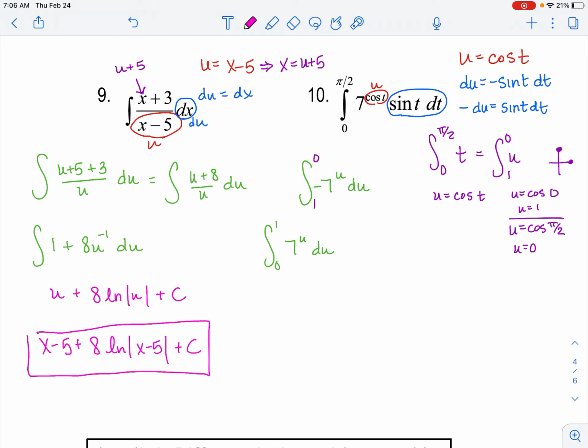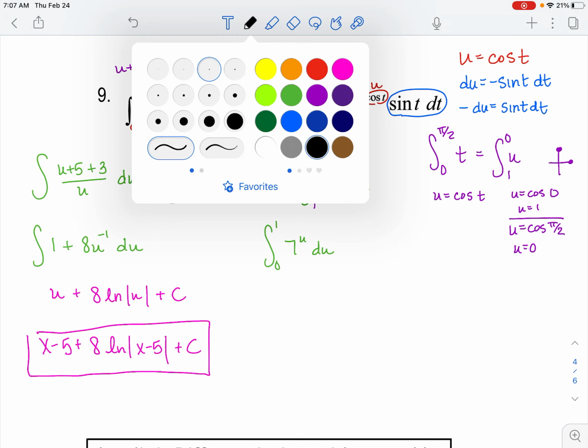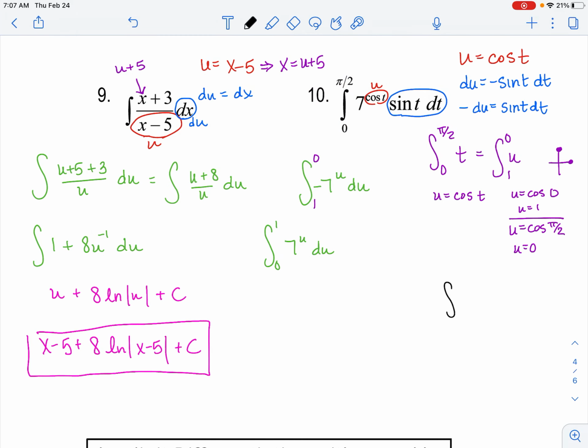Now, what is the integral of 7 to the u? Okay, that is not the power rule. That is a to the u. Those are our special formulas. So let's write this off to the side. The integral of a to the u du is 1 over natural log a times a to the u, plus c.